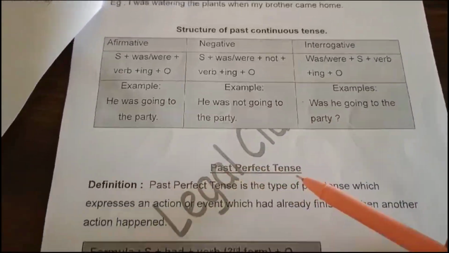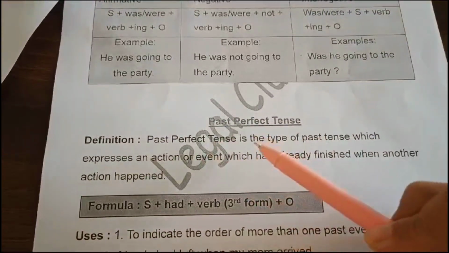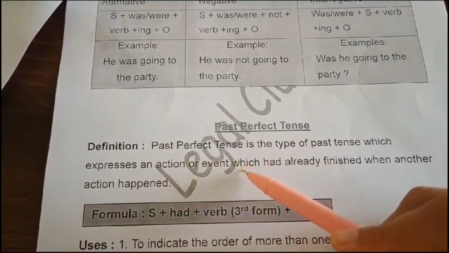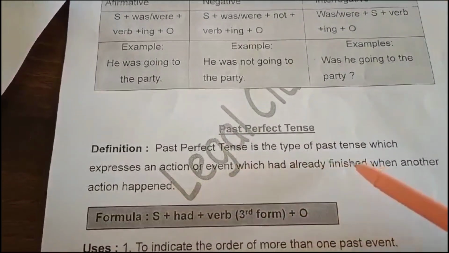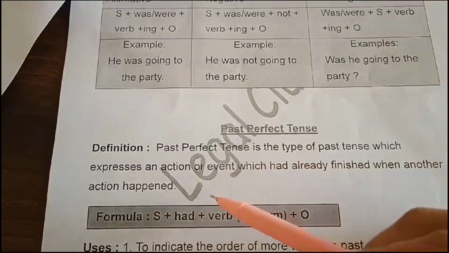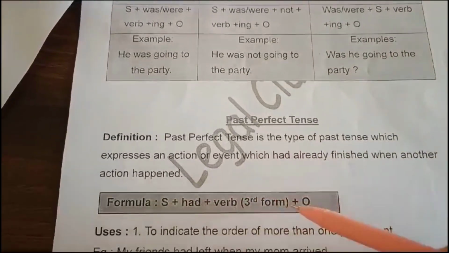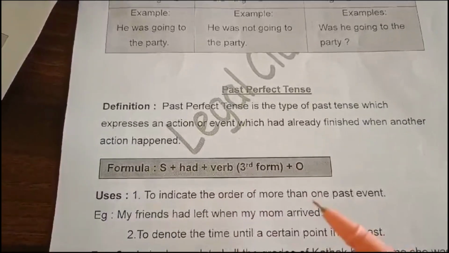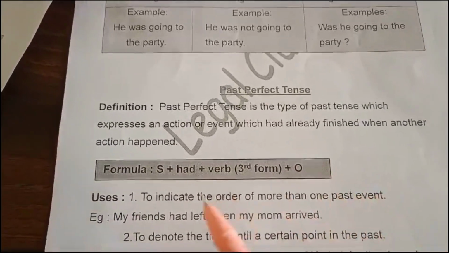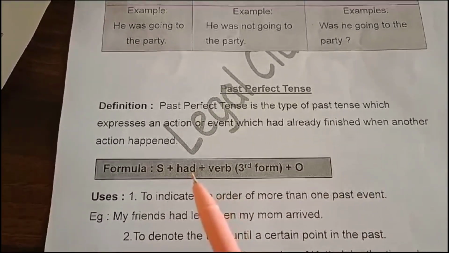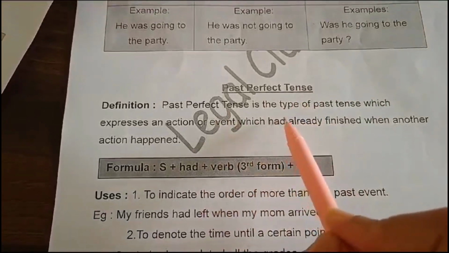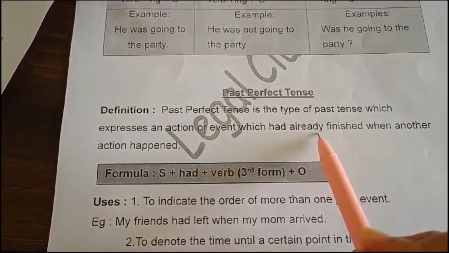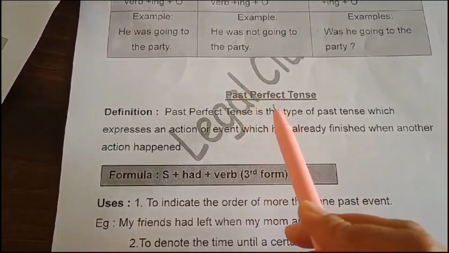Past perfect tense. The definition: it is the type of past tense which expresses an action or event which had already finished when another action happened. So when a second action was about to happen in the past, and an action had already finished before that, then we will be using the past perfect tense.